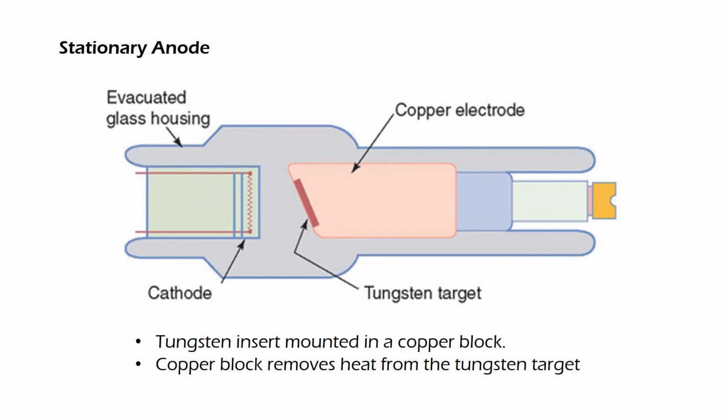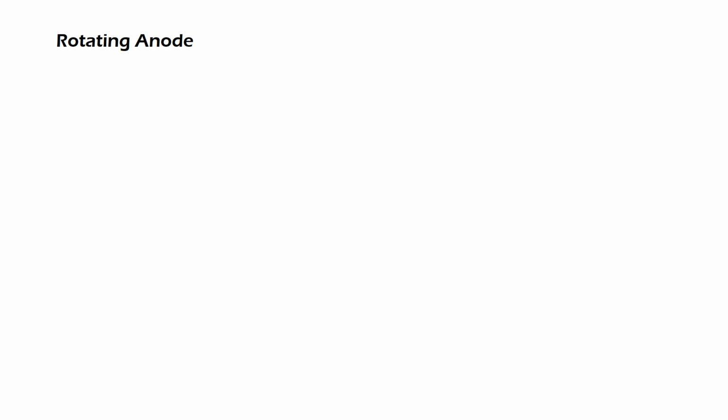However, the small area of the focal spot on the stationary anode limits the tube current and X-ray output that can be sustained without damage from excessive temperature. Dental X-ray units and some low-output X-ray machines limited to 150 mA and mobile fluoroscopy systems use fixed anode X-ray tubes. Rotating anode.